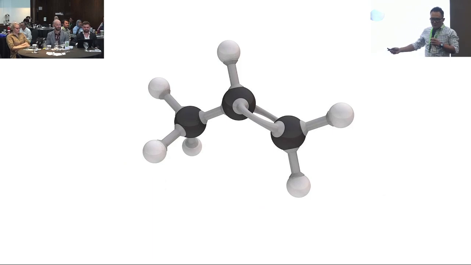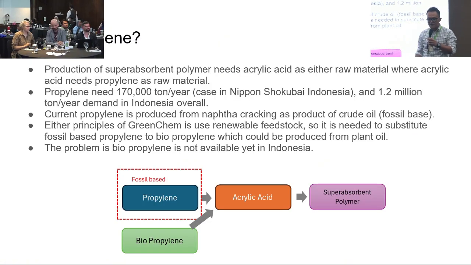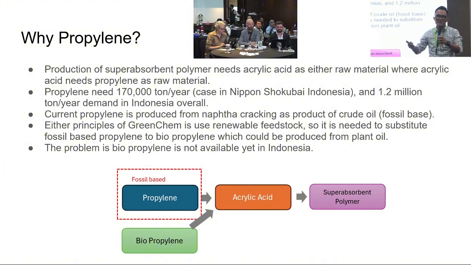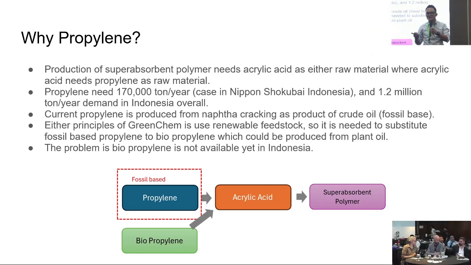Okay, why do we focus on propylene? At first, we started with our brother working at Nippon Shokubai Indonesia. Nippon Shokubai produces SAP, or super absorbent polymer, and this company never loses because it is the only one in Indonesia, and they supply everything. SAP is usually in diapers, the gel.